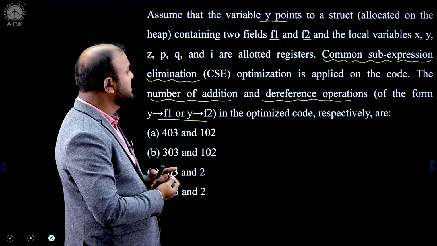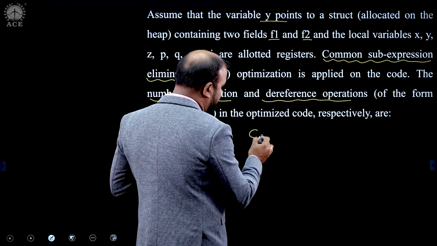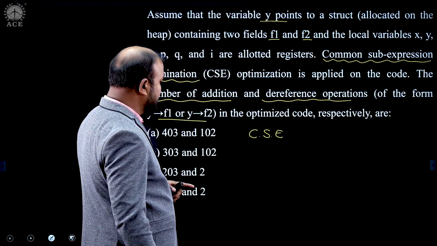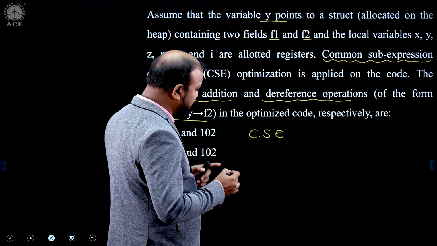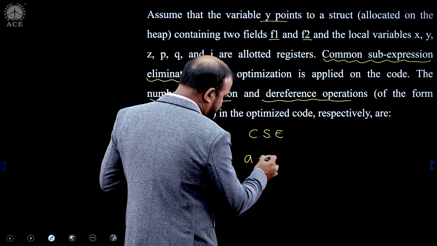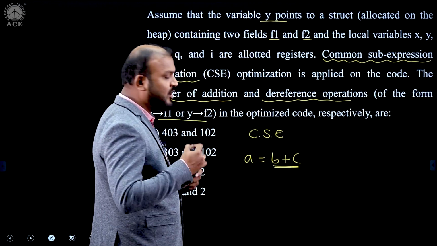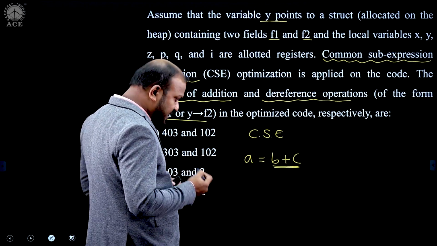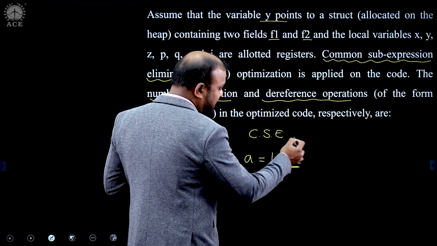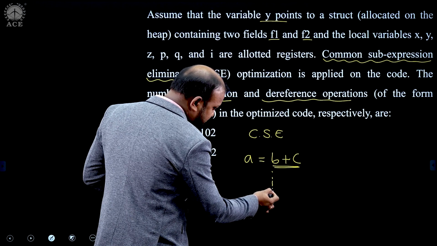So here first we need to understand what is meant by common sub-expression. An expression E is said to be a common sub-expression. Suppose A equal to B plus C. This B plus C I can call a common sub-expression if and only if the values of either B or C are not changed between the statements.